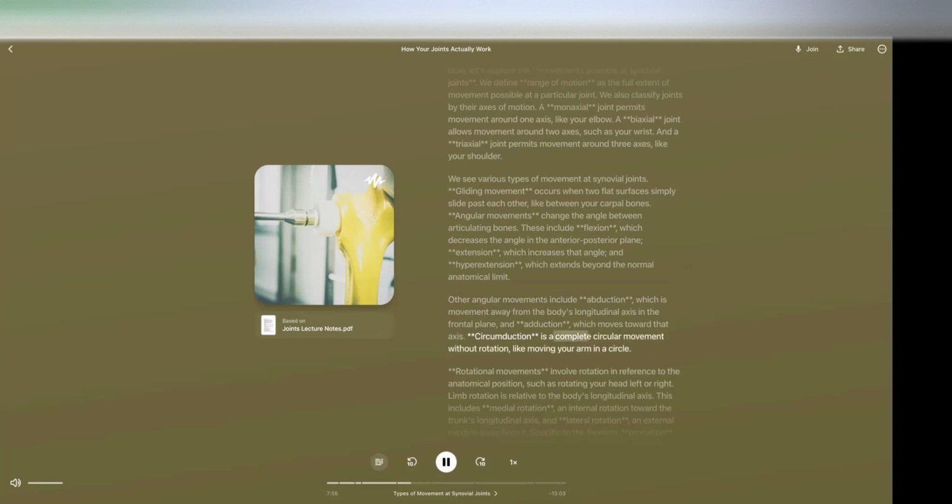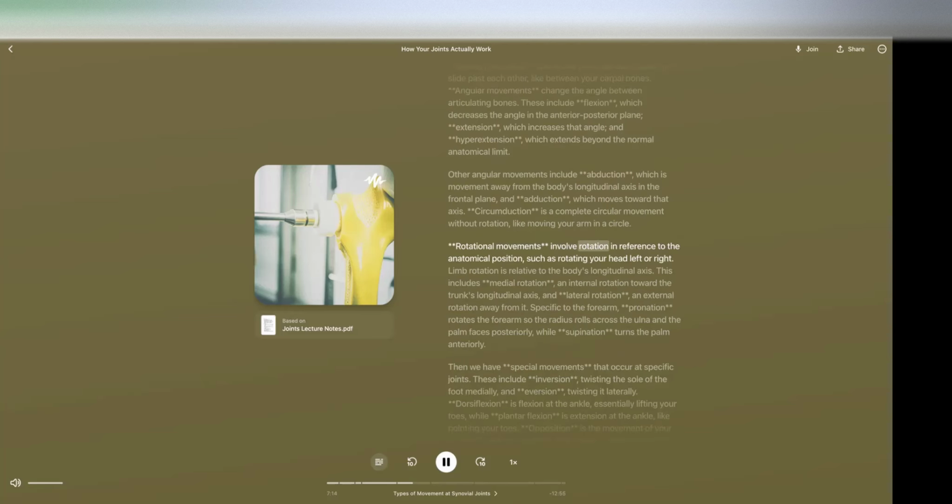Circumduction is a complete circular movement without rotation, like moving your arm in a circle. Rotational movements involve rotation in reference to the anatomical position, such as rotating your head left or right. Limb rotation is relative to the body's longitudinal axis.